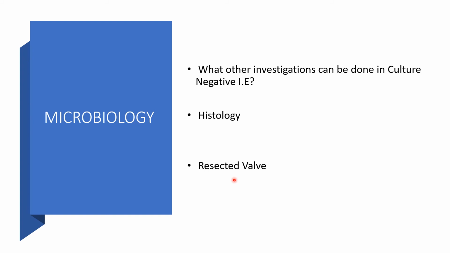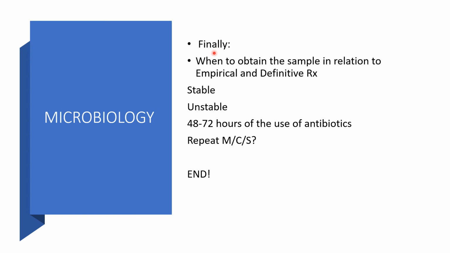And of course, we can have resected valve. Now, under a very strong suggestion of infective endocarditis, we can have resected valve cultured. Finally, I will conclude the way I started because it's pretty important.